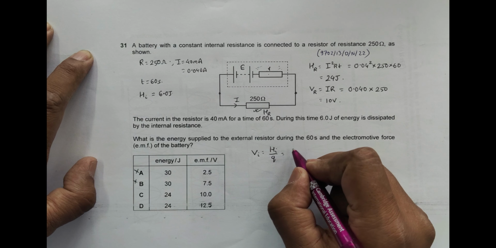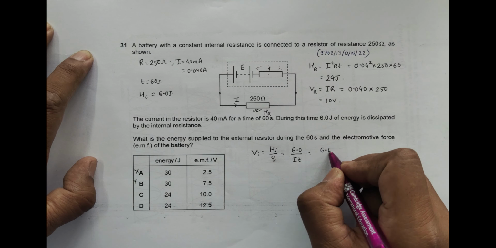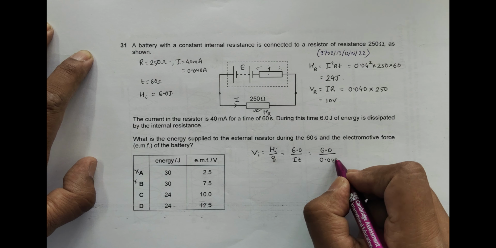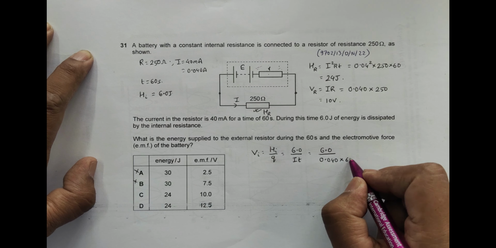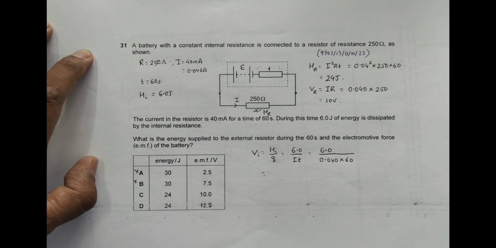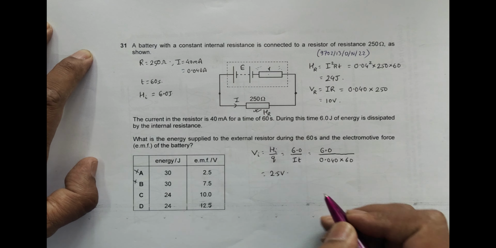It's equal to 6.0 divided by I into T, where I is 0.040 and T is 60. So this gives us 6.0 divided by 0.04 into 60 joules. So that is equal to 2.5. So it is 2.5 volt.